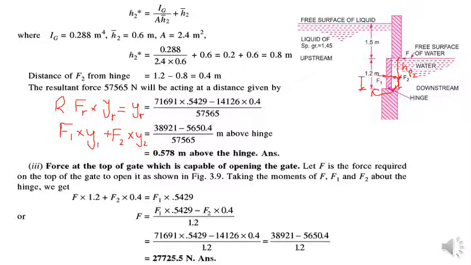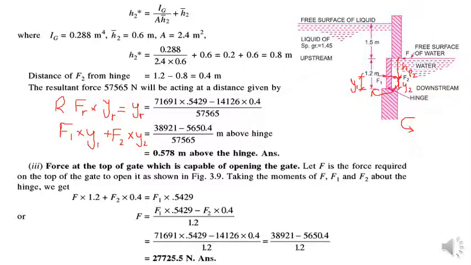So this will be Y1, F1 into Y1, and it will be in the clockwise direction. F2 will be in the opposite direction, so F2 is going to produce the moment in the opposite direction, and this will be Y2, its moment arm about the hinge at the bottom.